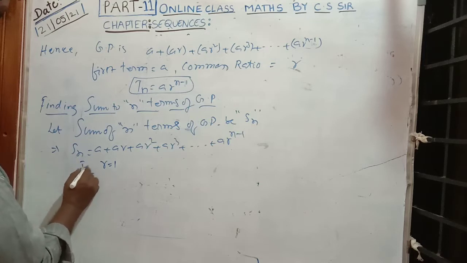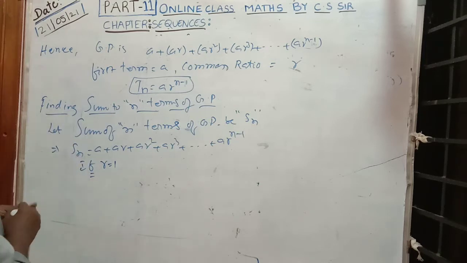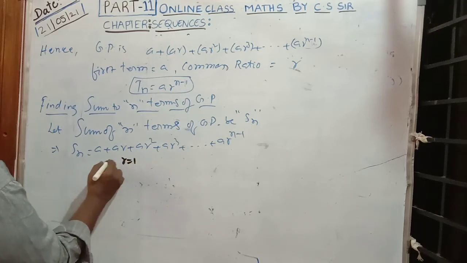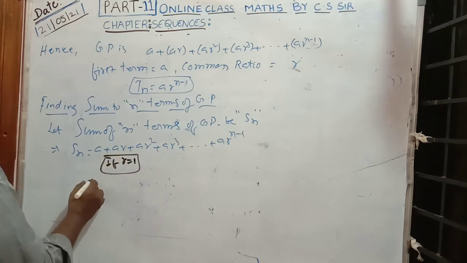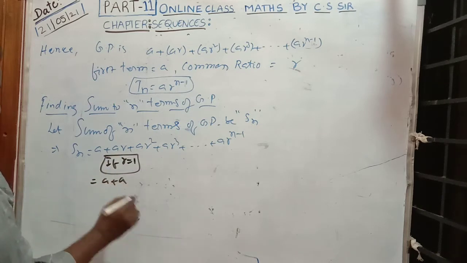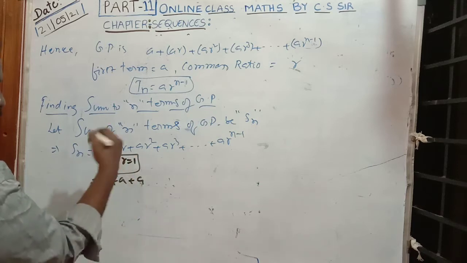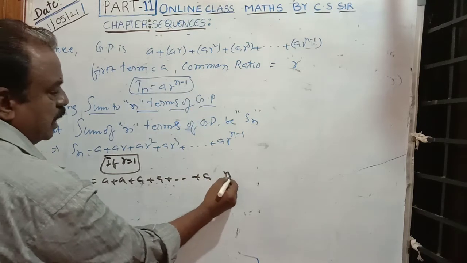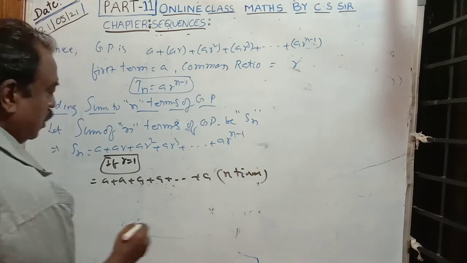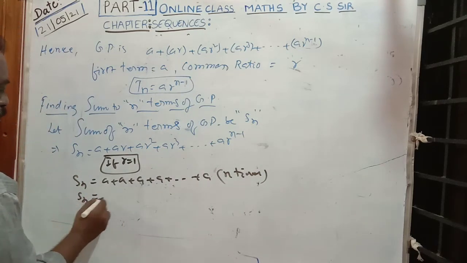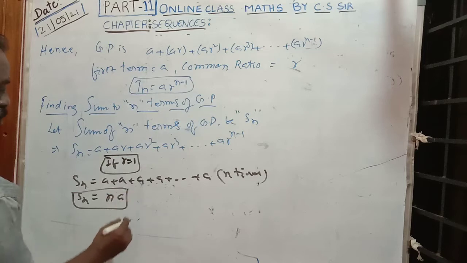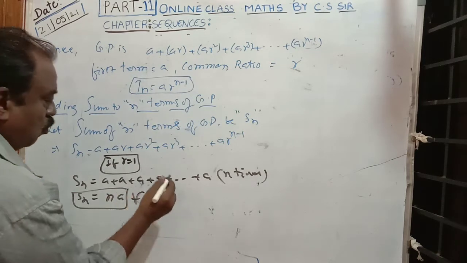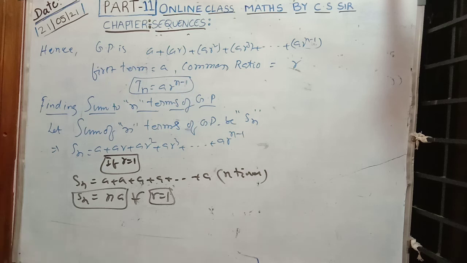If r is equal to 1, it is very easy. Then it is a + a + a, dash, a, n times. So the sum is na, where r is equal to 1. But here, r is other than 1.